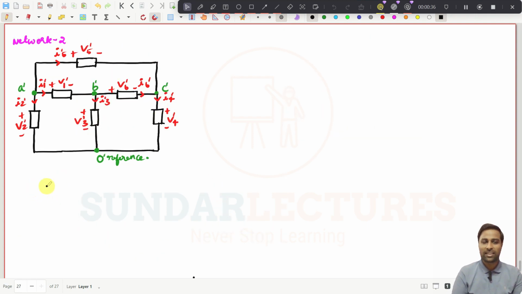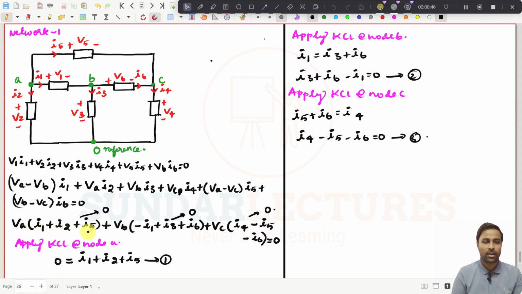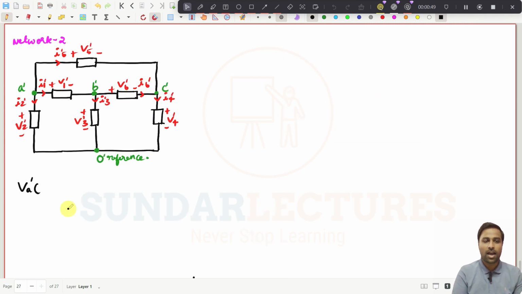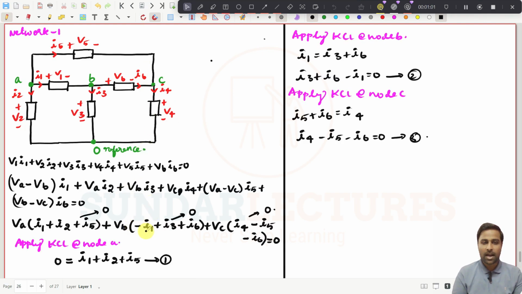So you can directly write, maybe I will write it down, VA dashed here. So what is this one? I1, I2, I5, right? So it will be I1 dashed plus I2 dashed plus I5 dashed plus VB dashed into, what is this one? I3, I6 minus I1.